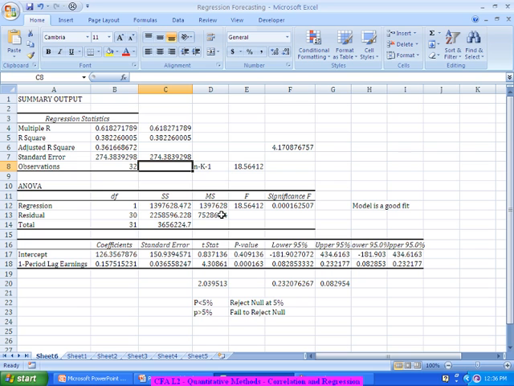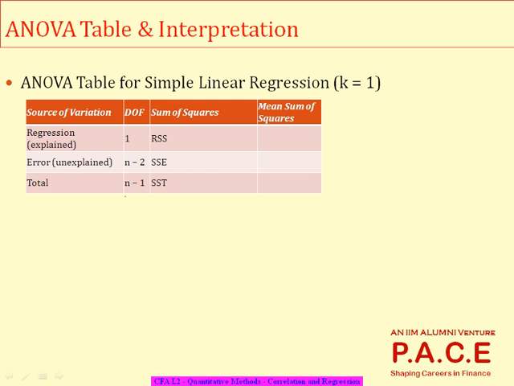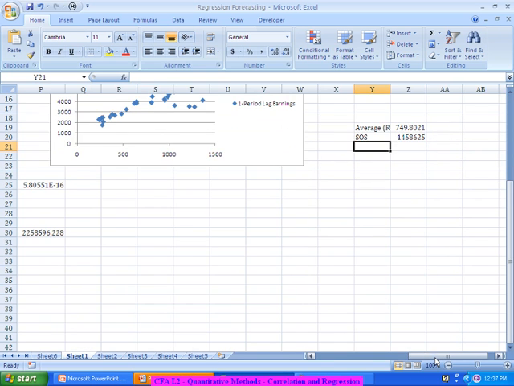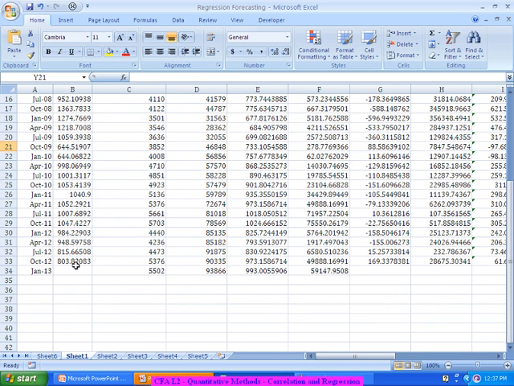And what we are saying with this standard error is, if I have to predict my dependent variable using the independent variable, let's say for the next period, if I have to predict what would be my stock price given this earning, how do I use this equation?